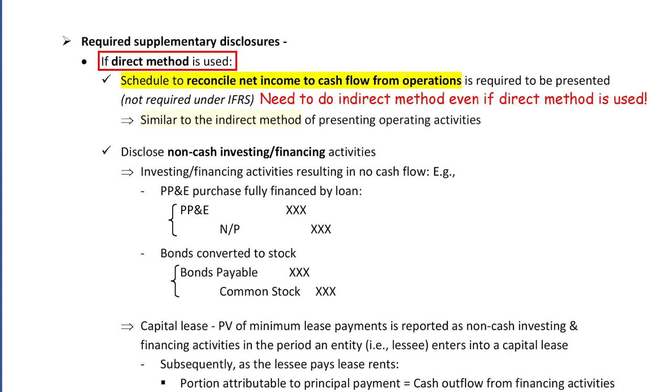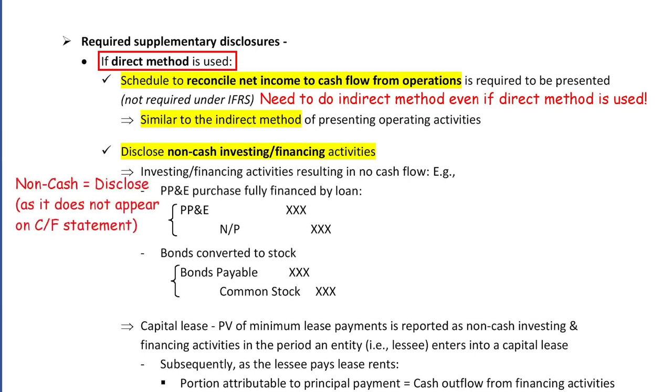And highlight: schedule is identical to the indirect method, and that's why I told you you need to do the indirect method even if you've used the direct method. The second important disclosure here is, highlight, schedule of non-cash investing and financing activities. So right there, non-cash equals disclose, as it does not appear on the cash flow statement.